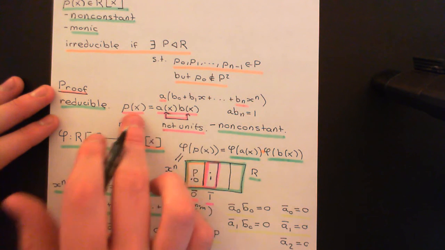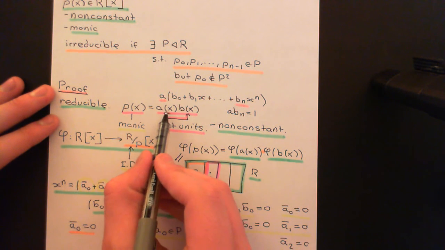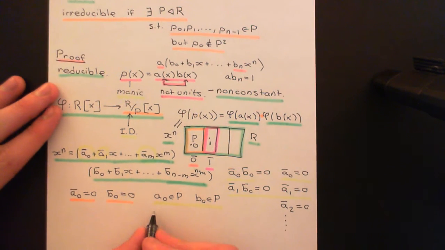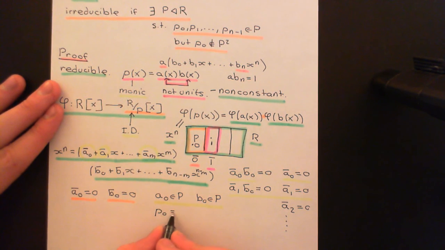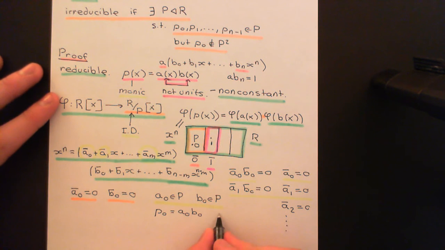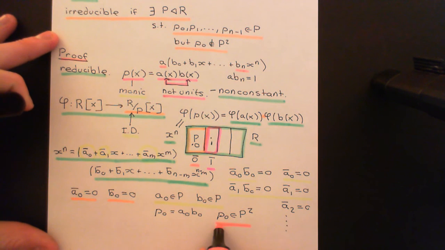So the constant term of p of x is just going to be a0 times b0, the constant term of a of x times the constant term of b of x. So that now proves that p0, our constant term of p of x, is a0 times b0, but those two are both elements of the prime ideal p, and therefore that implies that p0 is going to be an element of p squared.